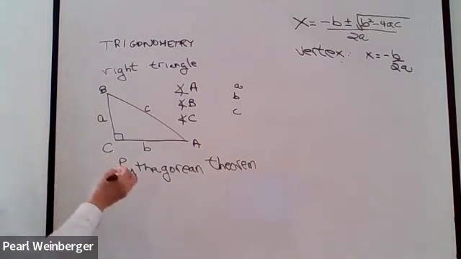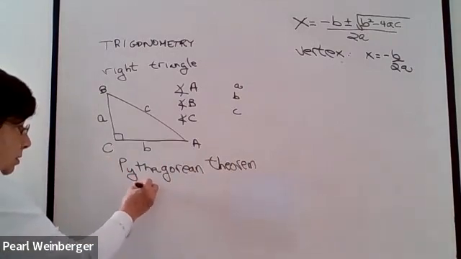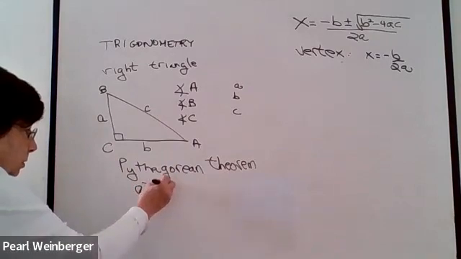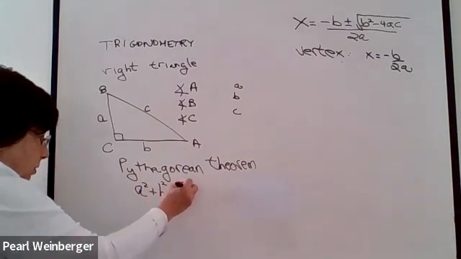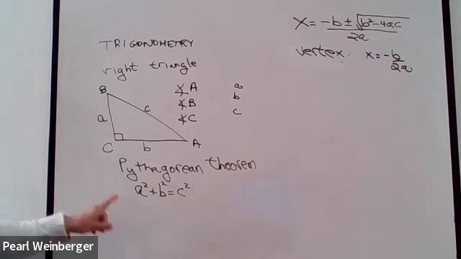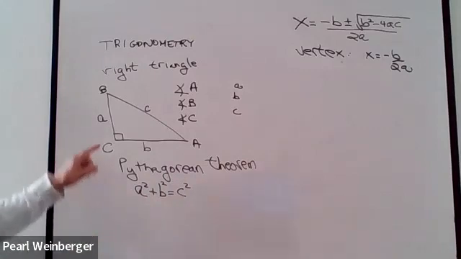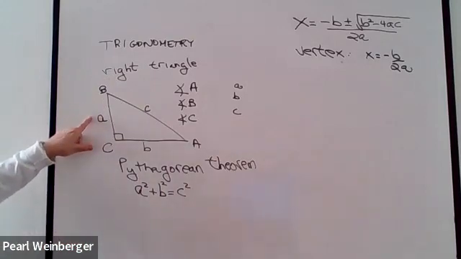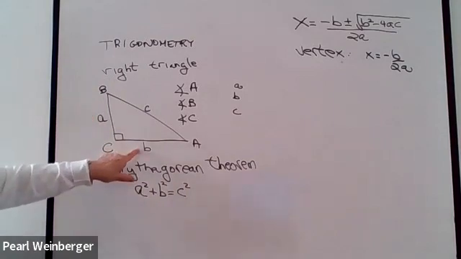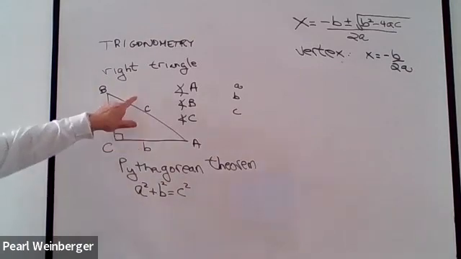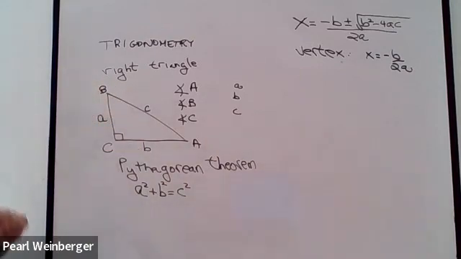And the formula goes like this: a squared plus b squared equals c squared. In a right triangle, which is what we're discussing here, if you take the a and square it and add it to the b after you square it, you'll get the c squared. I'm going to demonstrate this with specific numbers in a second.